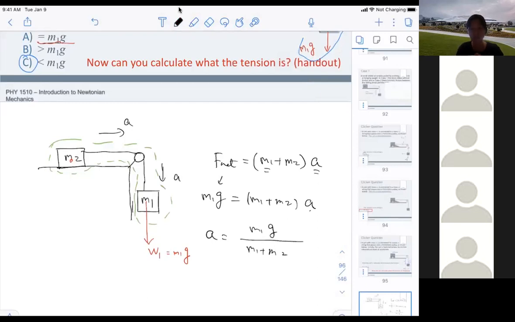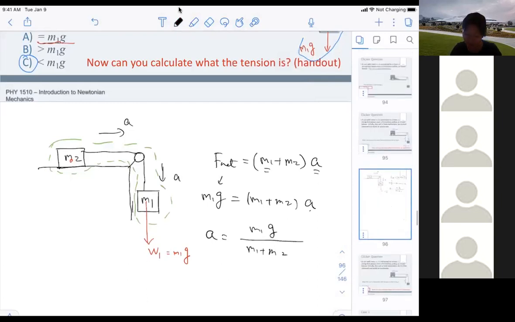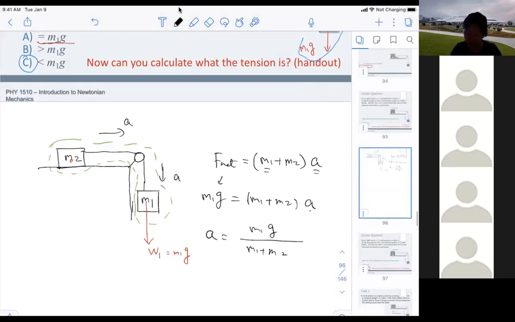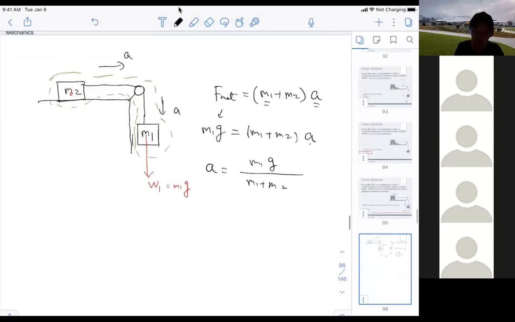You will get the same result if you had set up Newton's second law twice, on M1 and on M2. If you were to do that, this was from your lab, I can do it relatively quickly here. On M1, you have M1 G pointing down, you have tension pointing up.